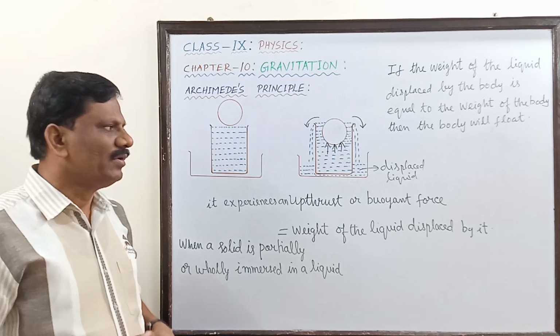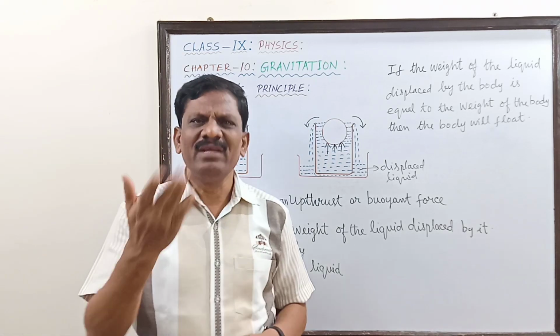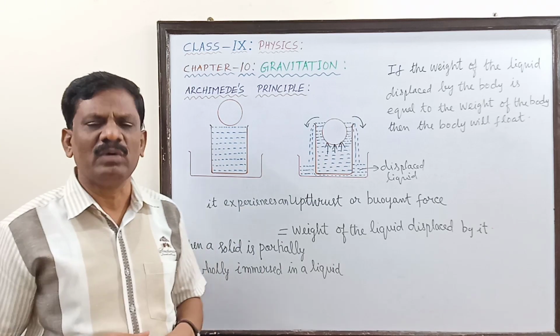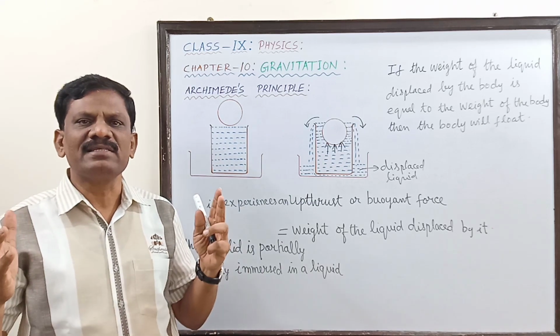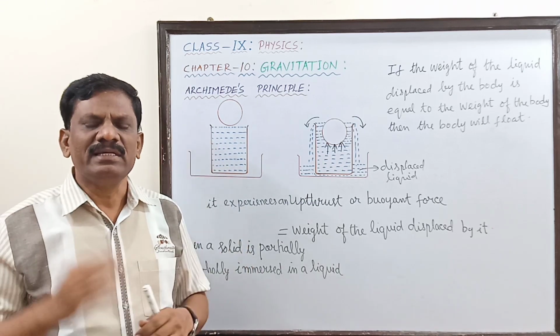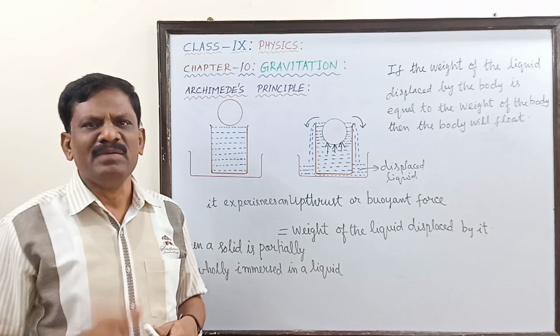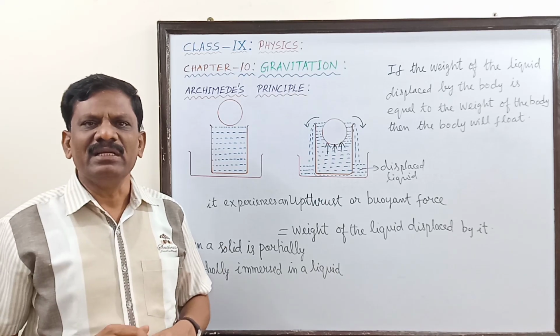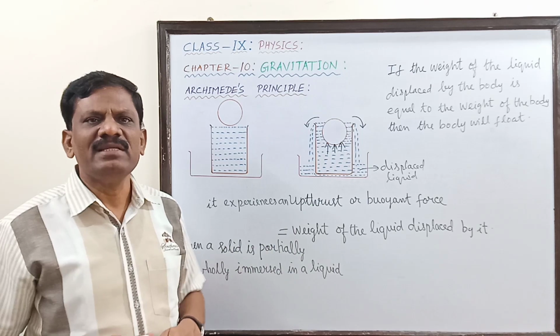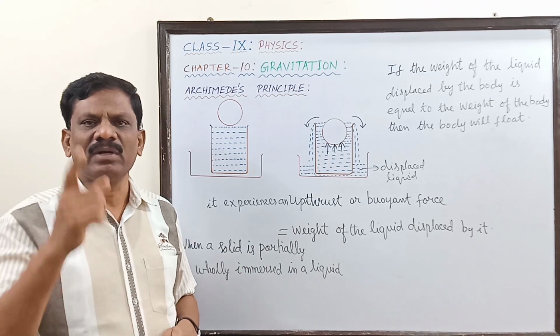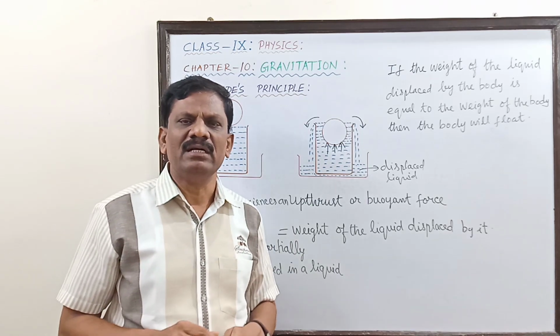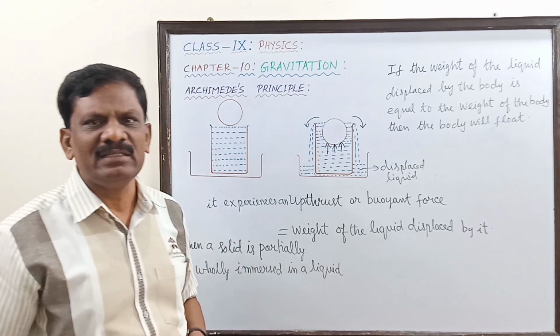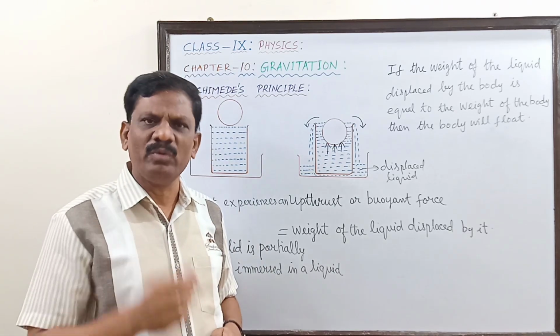Now there is one story behind the Archimedes principle. Once a king had a golden crown in which silver had been mixed as impurity. Archimedes challenged the king that his crown is not made of pure gold. The king said, prove it.